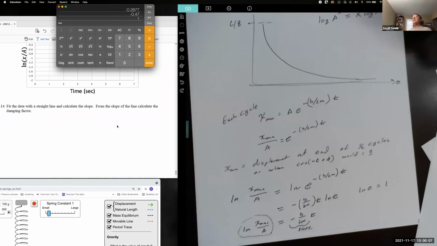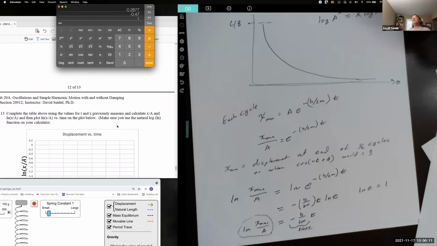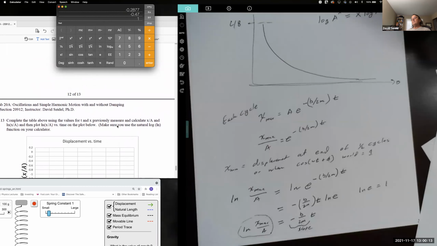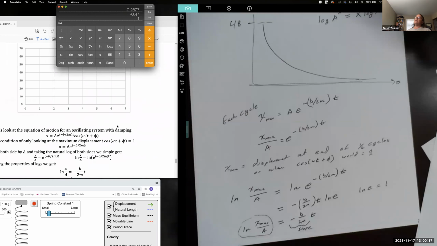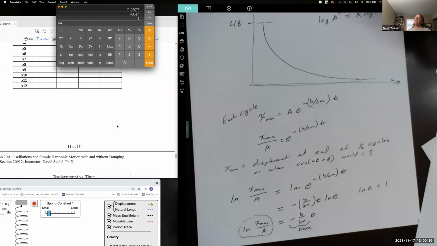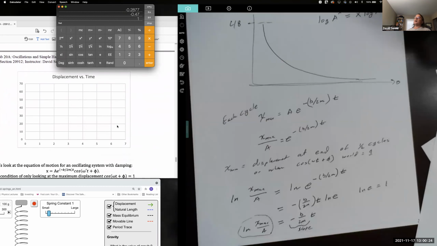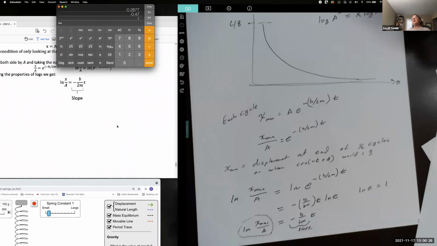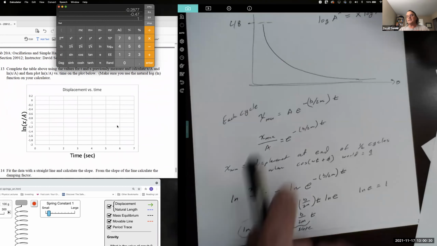So the point here on this lab is to show you how to take a look at your data and say, this is a pain to process, just displacement versus time. But the log of the displacement versus time isn't so hard to process.